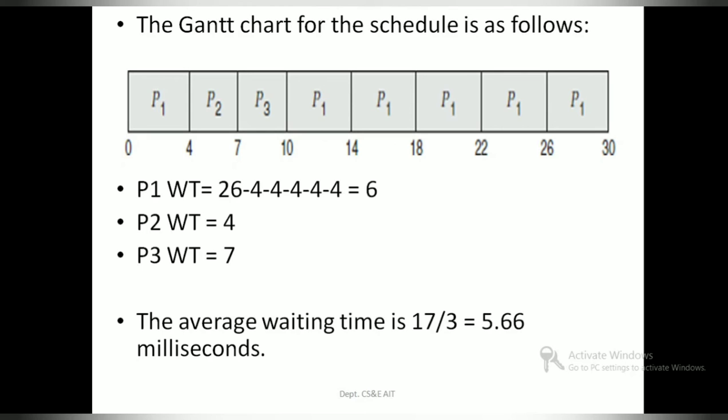Do not be confused to allocate for time quantum unnecessarily. If P3 has a smaller burst time, it will execute only for its burst time. You can notice that here. And again after 7 it is 10. It is not 4, 8, 12. It is 4, 7, 10 because it is executing only until it completes its burst time.